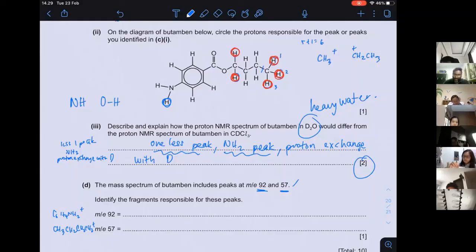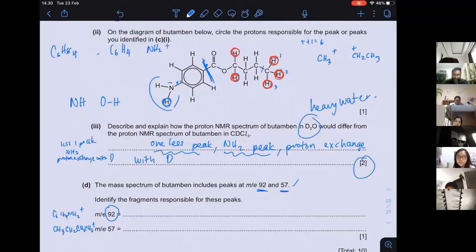Normally, because 92 is a big number, I try to count this one. This is going to be C6, and then there is NH2, so I put NH2 there. One of the hydrogens will be gone, because C6H6, if it is substituted here, becomes C6H4, and NH2, then I break over here, so it's supposed to be plus.